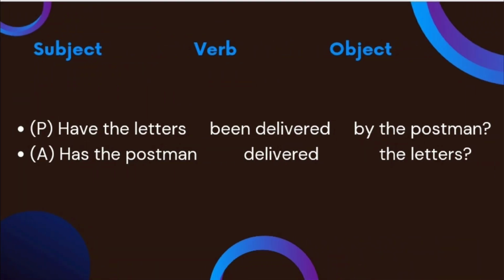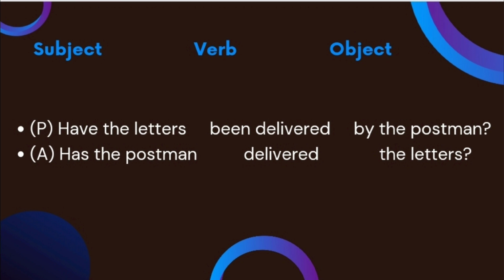Another example. In passive voice, in the place of subject we have the letters. Have the letters. In place of verb, we have been delivered. And in the place of object, we have the postman. So the sentence reads, have the letters been delivered by the postman? In active voice, we have to drag the object in the beginning. The postman will come in the beginning.